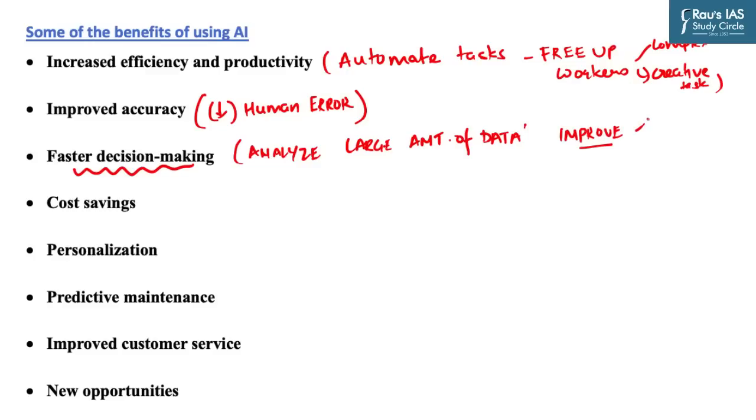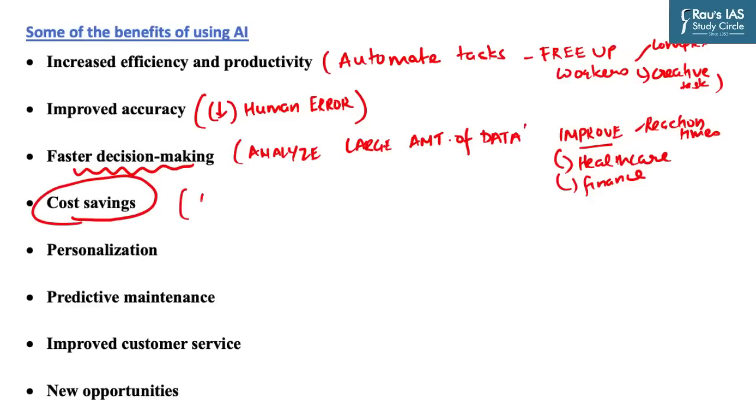This improves the reaction times, especially in the field of healthcare, finance, etc. The proponents of AI highlight that using AI will significantly enhance cost savings. It will reduce the need for human labor and will thus also lower the operating cost and improve the profitability for the company. The next benefit of AI is that it will increase personalization.